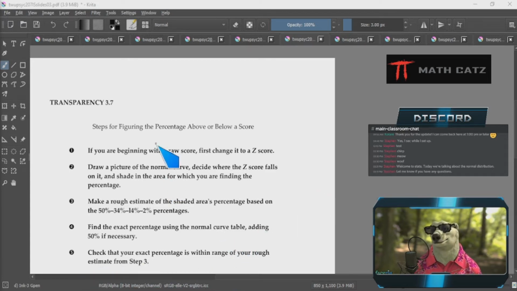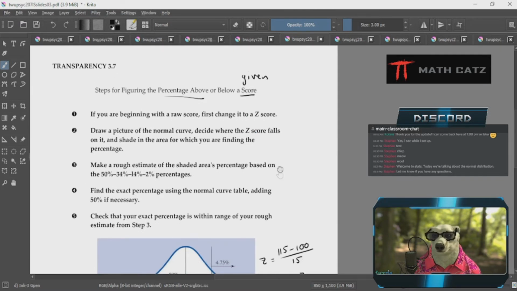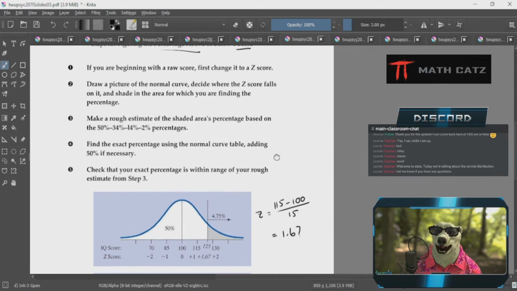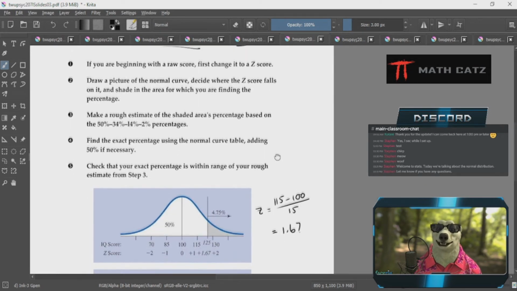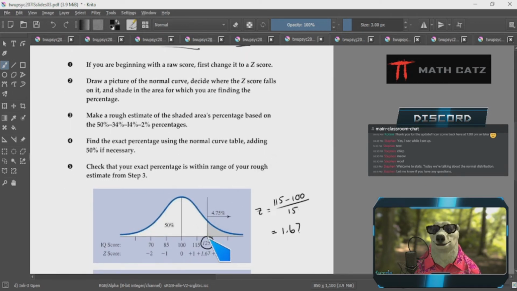I am looking to perhaps calculate a percentage above or below a given score. What would I do? For example, before we look at the steps, let's suppose we are given a score of 125.